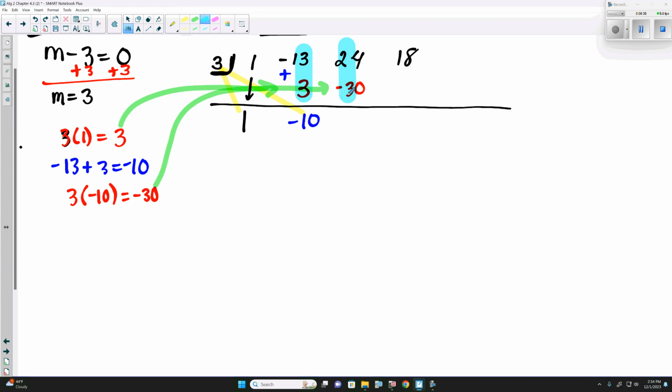And then we add straight down. We add these two numbers together. So we have 24 plus negative 30, which is negative 6.